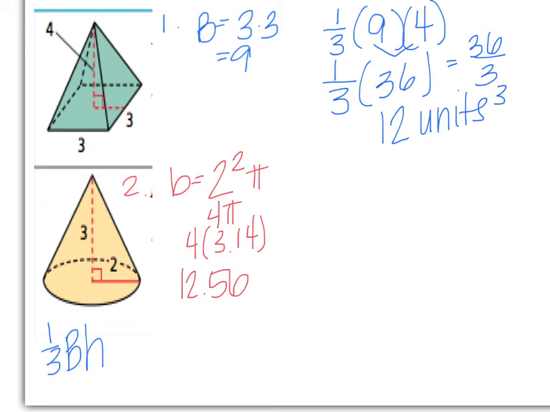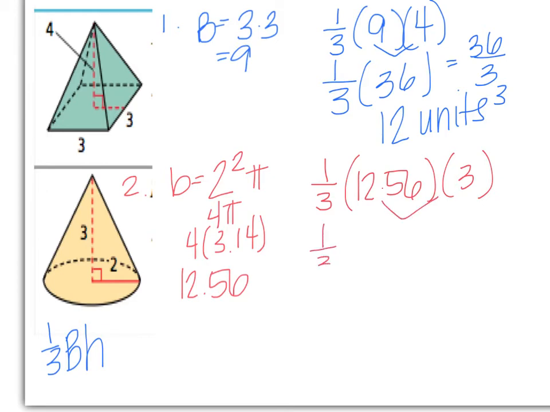Now I can take this base and plug it back into the formula again. So 1/3, my base is 12.56, and my height is 3. First I'm going to multiply these two numbers together, so I get 1/3 times 37.68.